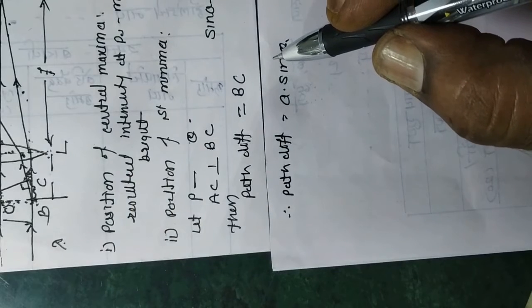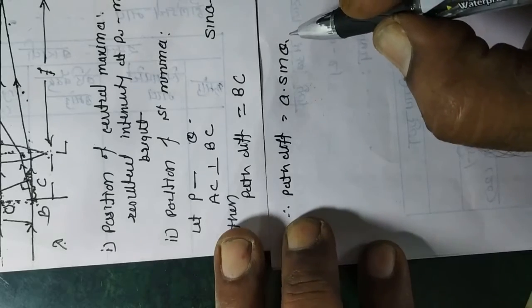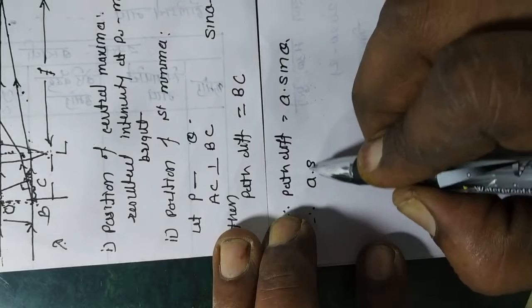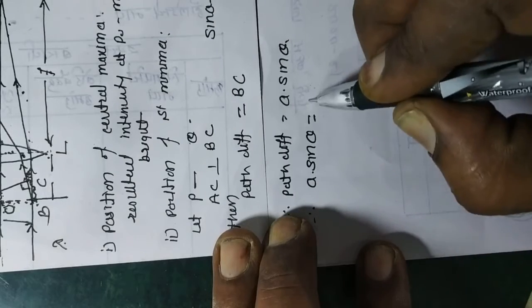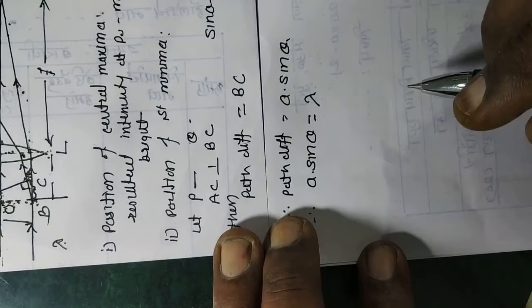Path difference BC equals a sin theta, which is suppose lambda. Therefore a sin theta is equal to wavelength lambda.